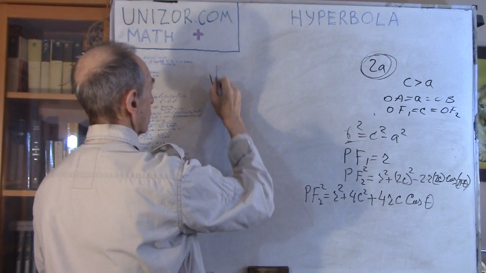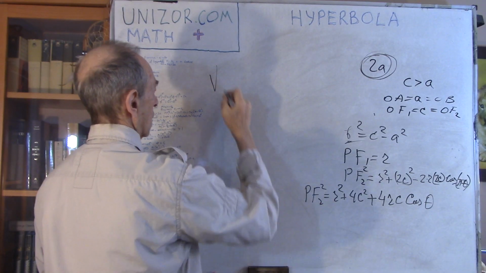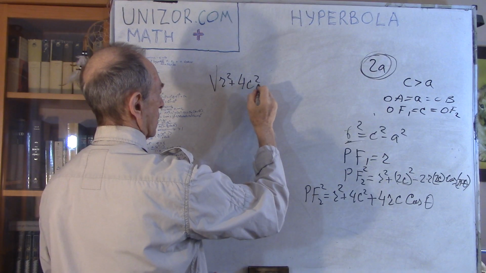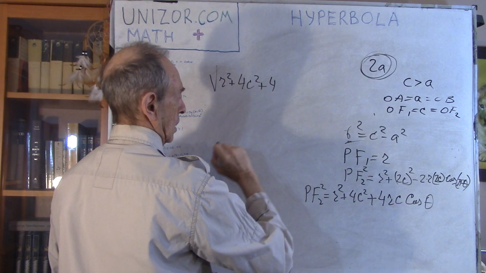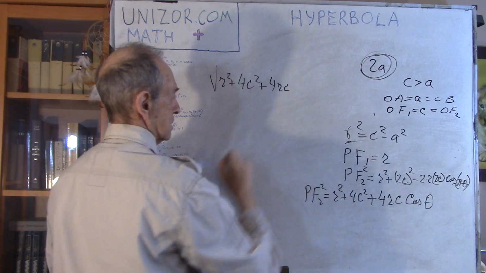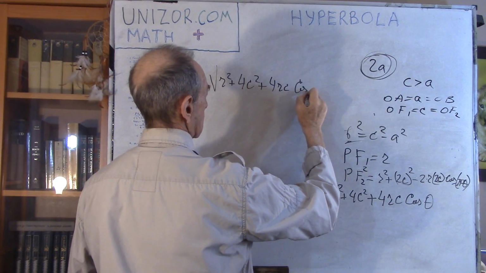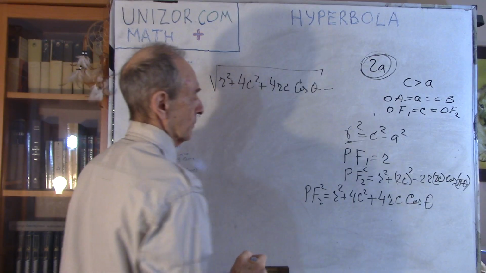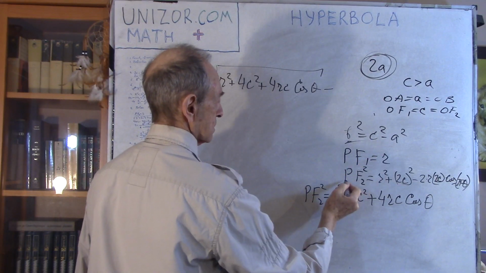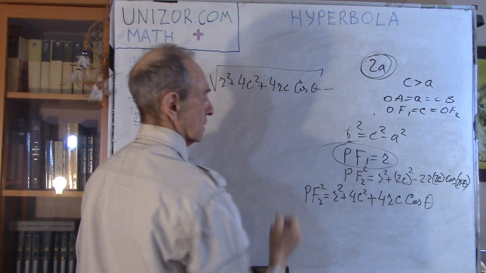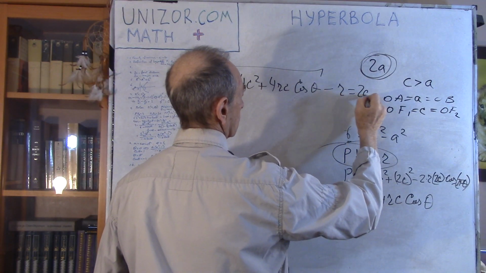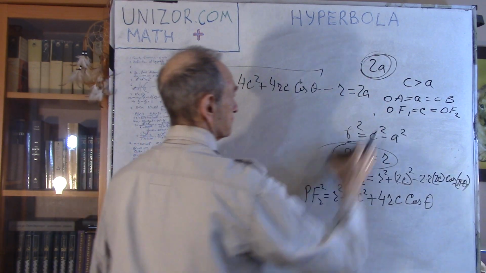So square root of r squared plus 4c squared plus 4rc cosine theta, this is PF2, minus distance to another focus, which is r, is equal to 2a. That's it.